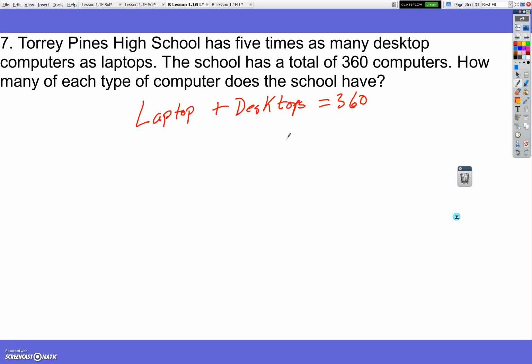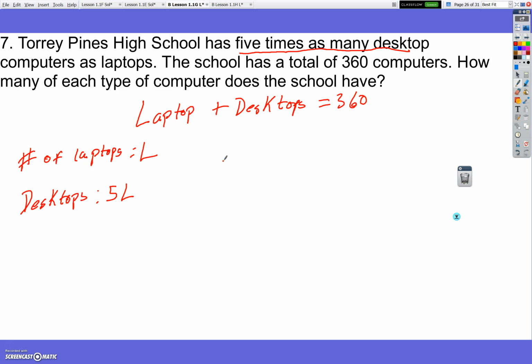Now I need to know how to compare them. Well, we're going to say the number of laptops is L. And then it says, Torrey Pines High School has 5 times as many desktops as laptops. So we're going to take our laptops and multiply it by 5.